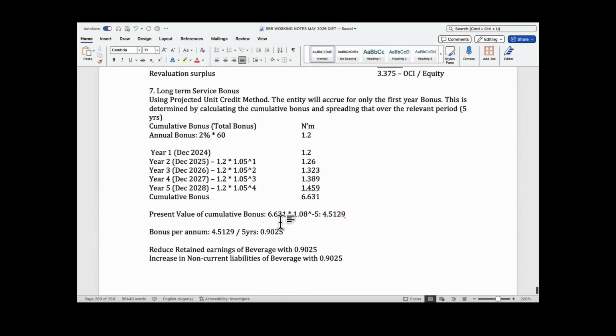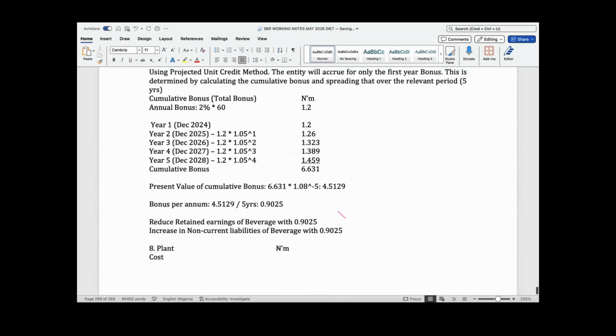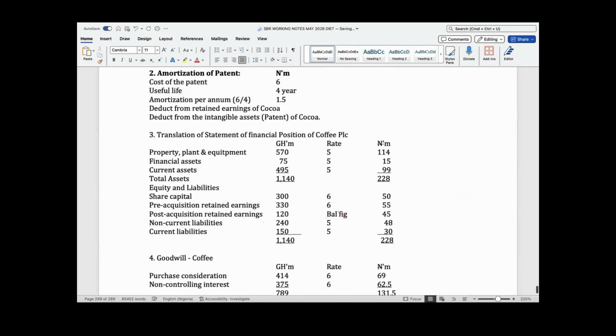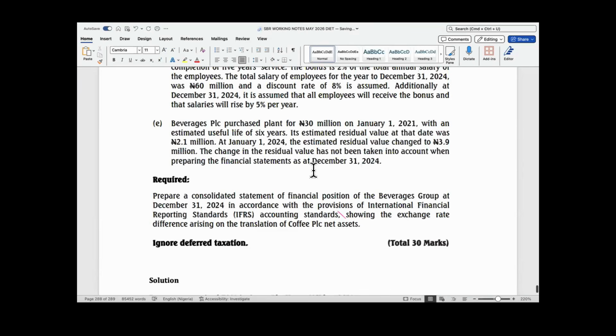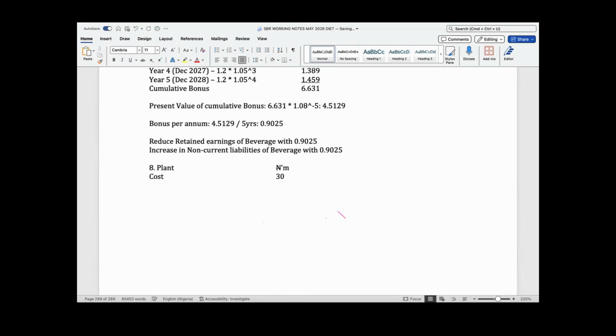So that would be note 8. It's talking about a plant and the cost of the plant. How much was it again? The cost of the plant is 30 million.